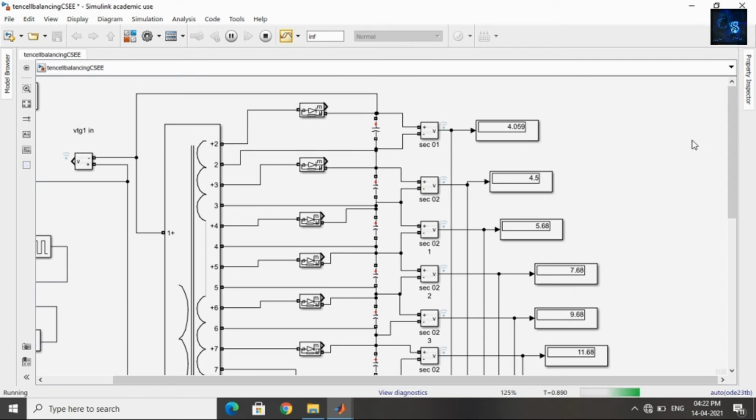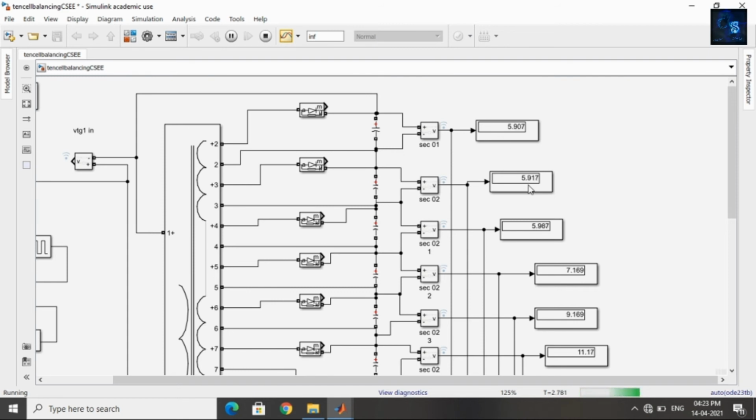We will wait for a few seconds until the first 3 cell voltages become equal. You can see voltage values in these displays. Guys, now you can see the cell 1 and cell 2 voltage is equal.